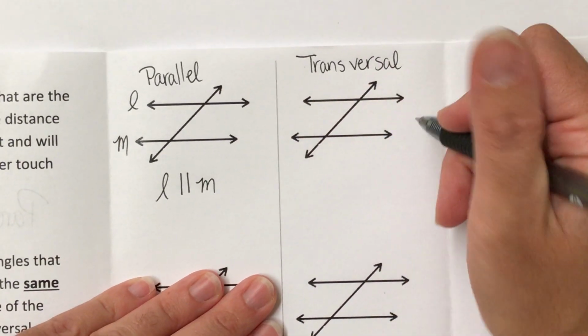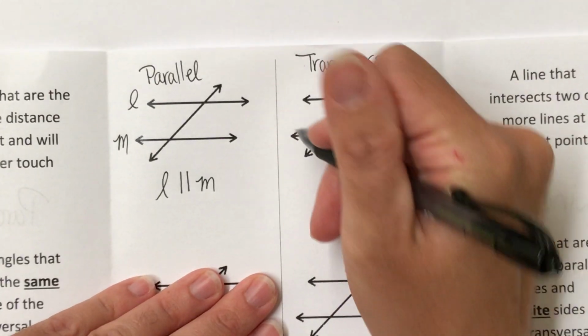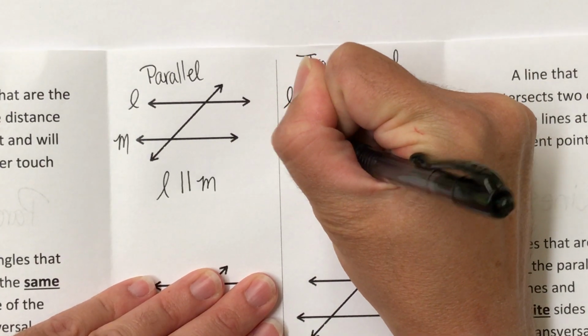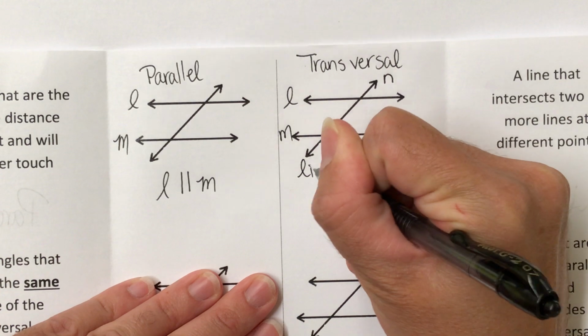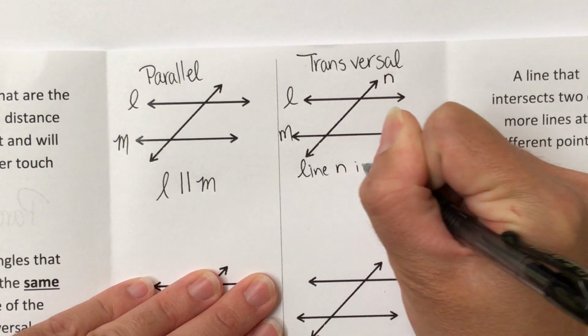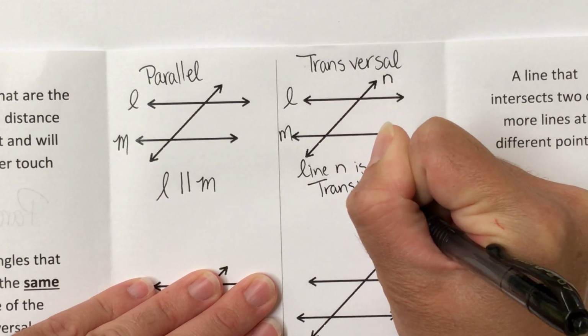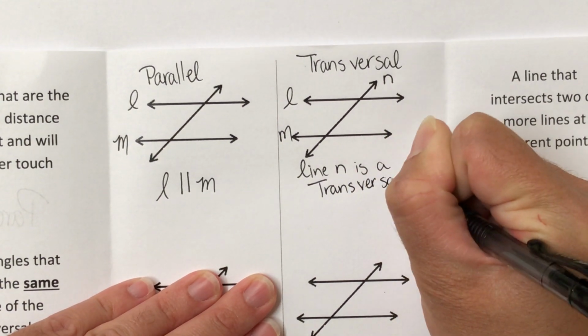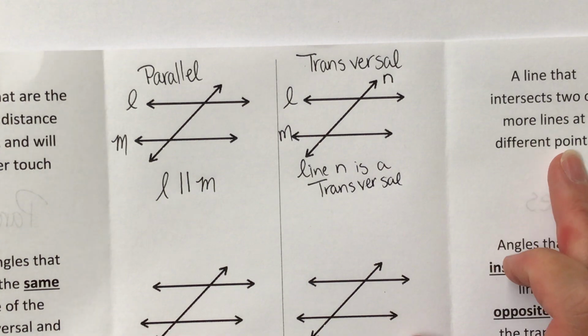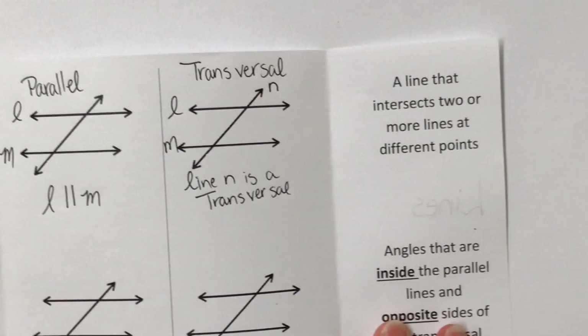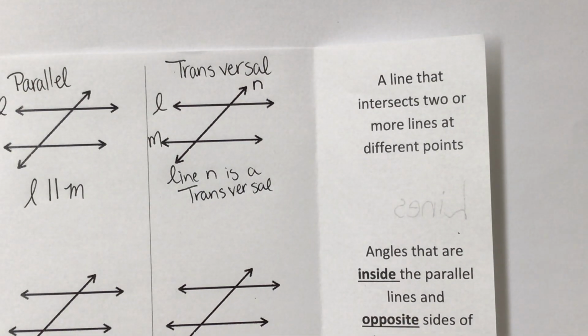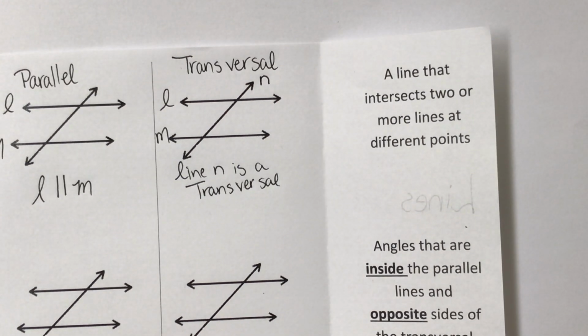So line N in this picture is a transversal. So a line that intersects two or more lines at different points is known as a transversal. So whenever you have parallel lines cut by a transversal, you have a lot of angles that are made.